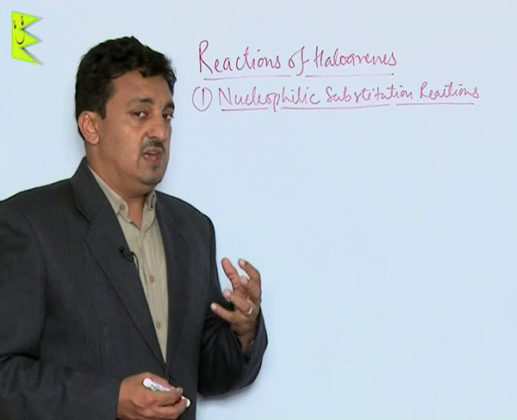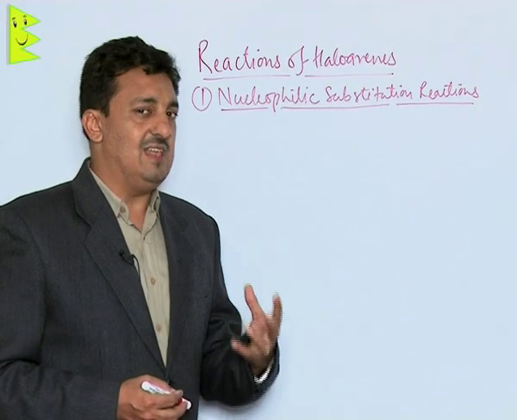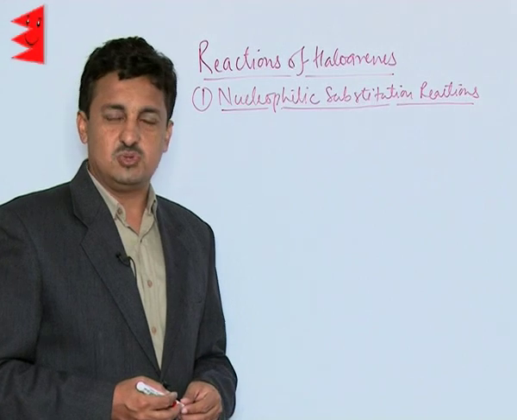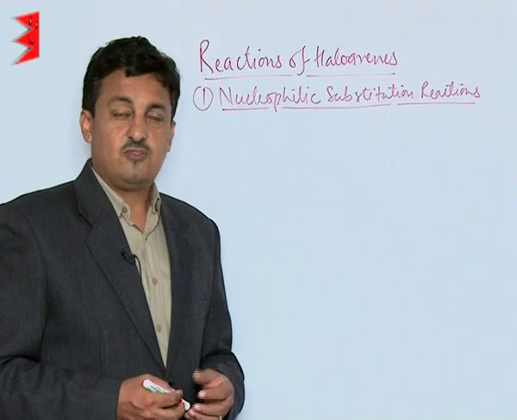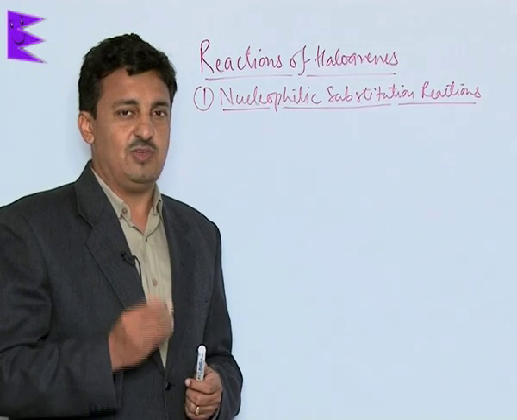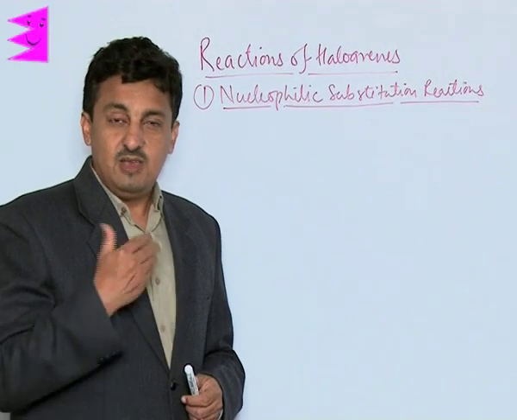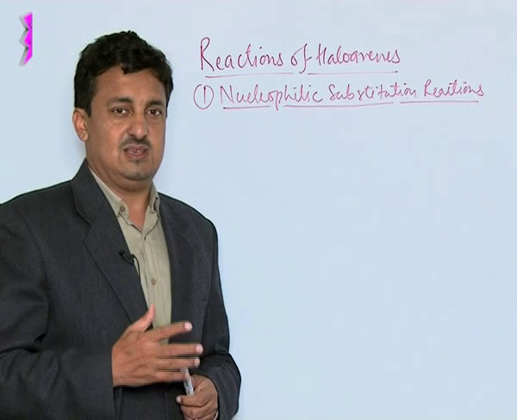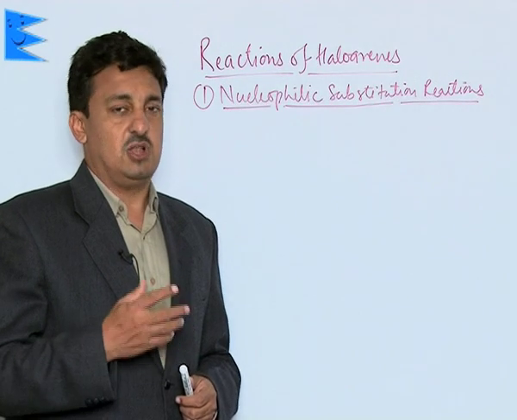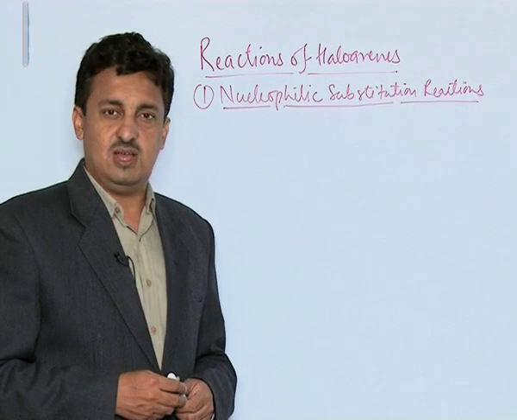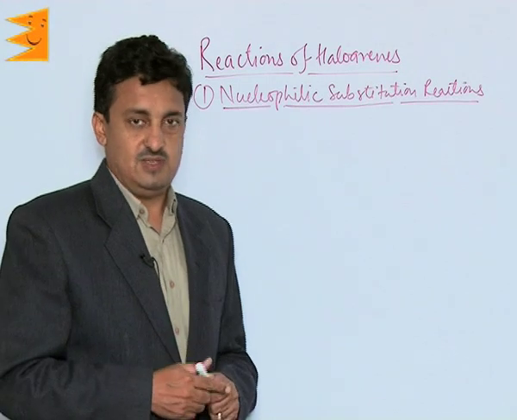First, the aryl halides are extremely less reactive towards nucleophilic substitutions. So they hardly show any nucleophilic substitution reactions. In spite of being polar, they have a very, very low potential of showing nucleophilic substitution reactions. What is the reason for this?